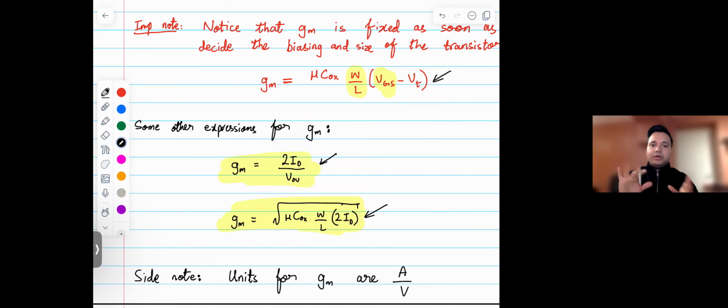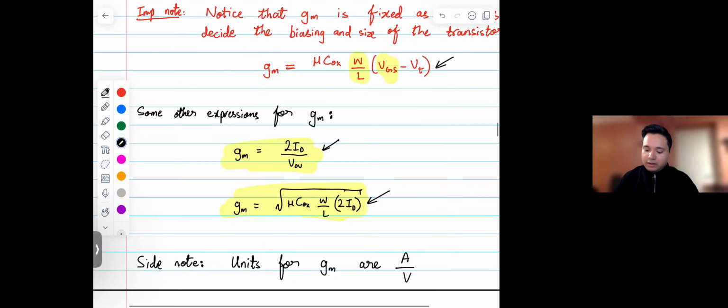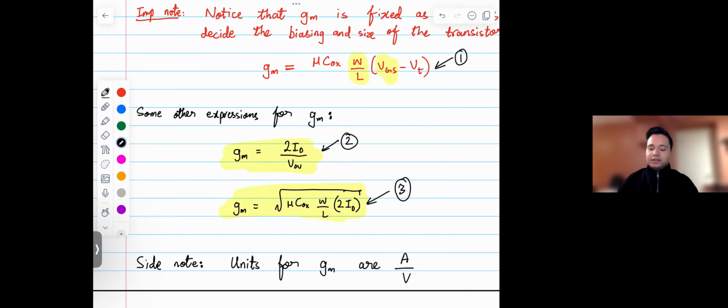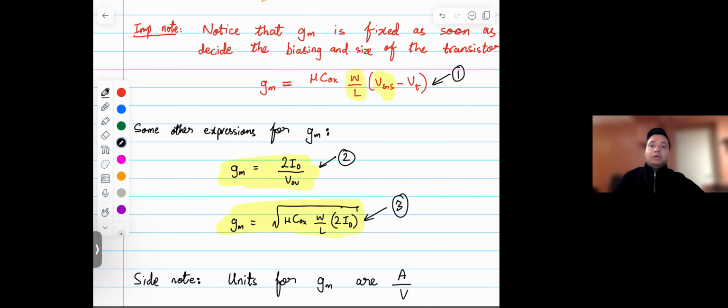So you have different combinations. And so if you're working on problems in which you have only, let's say, the W by L and the drain current, you could use the third expression here. If you just have the W by L and the overdrive, you could use the first expression here. And if you have the overdrive and the drain current, you could use this second expression here. And also, these three expressions are equivalent. And so if you know one, you can derive the other two, right? And in fact, you don't even need to memorize any of these three.